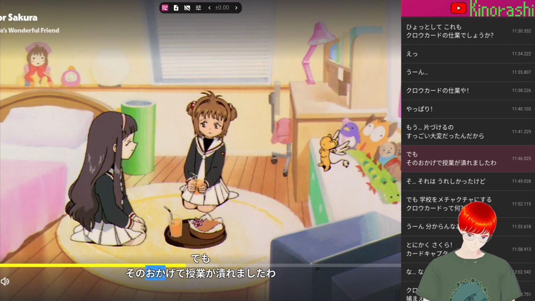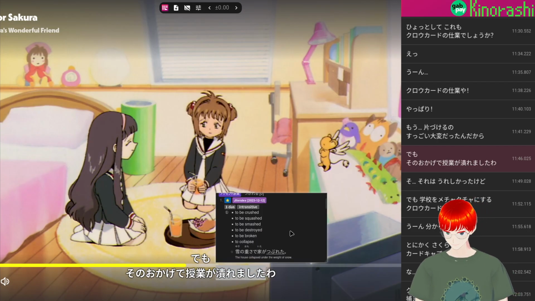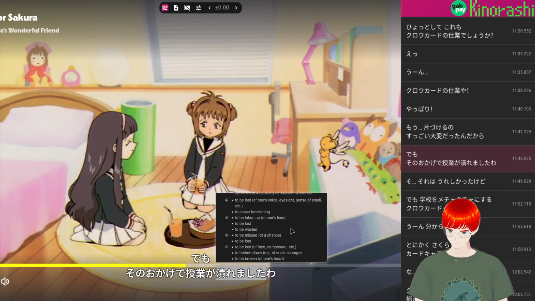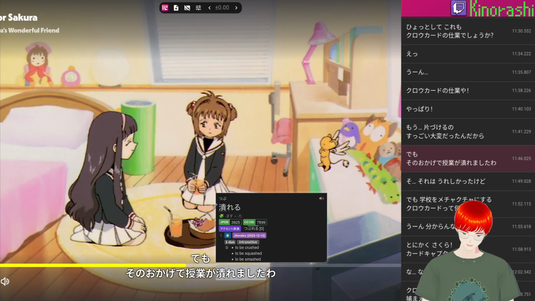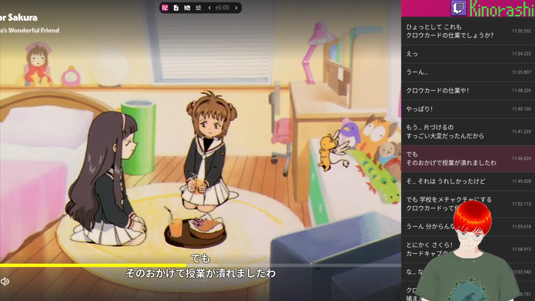The reason being of that influence. We don't know who that is. It's just that influence. So demo sono okage de, because of that influence, class was canceled, or as they're using it, ruined here. Demo sono okage de, jugyo ga suburemashita wa, from subureru.